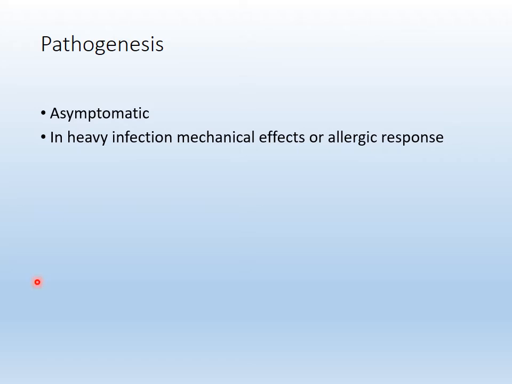So sometimes you will see that it may produce anemia. Again, the point to be noted here is it would not feed on the blood like hookworm, which is Ankylostoma duodenale, which sucks the blood from the intestine.